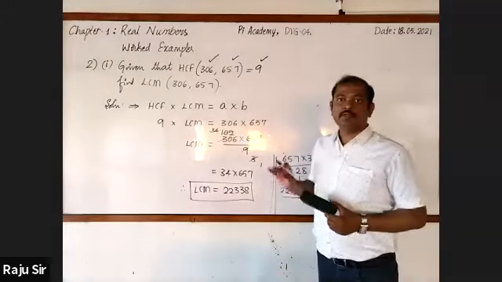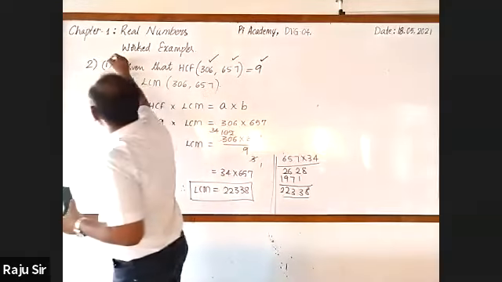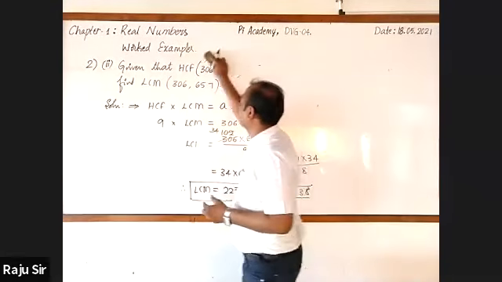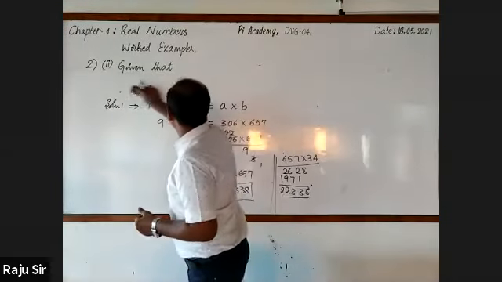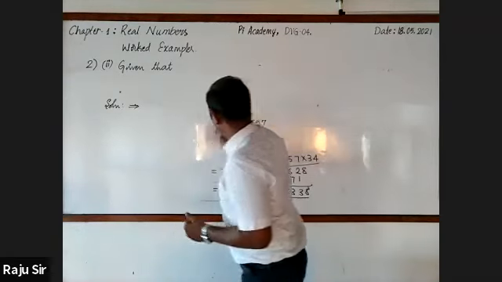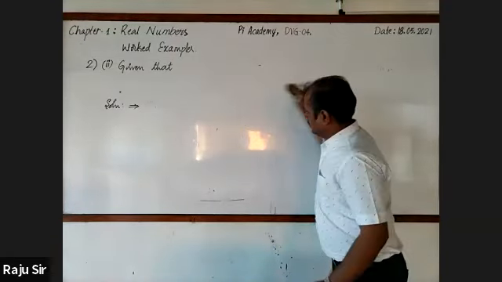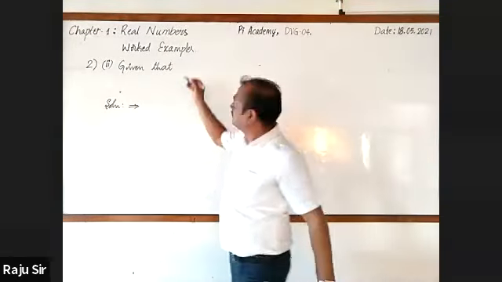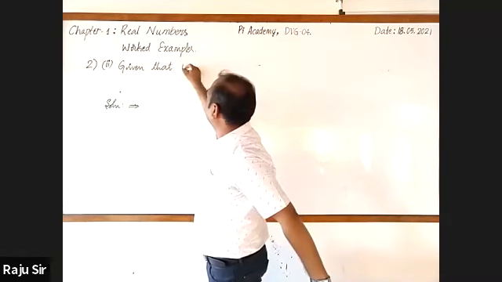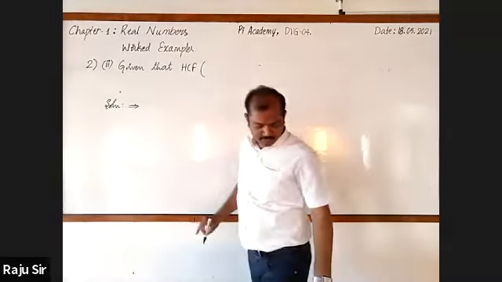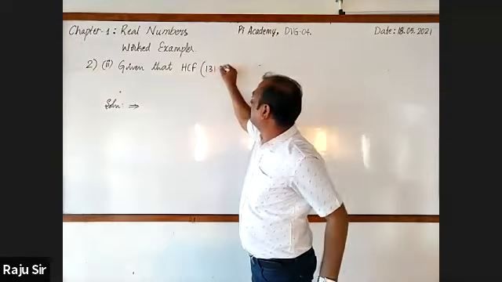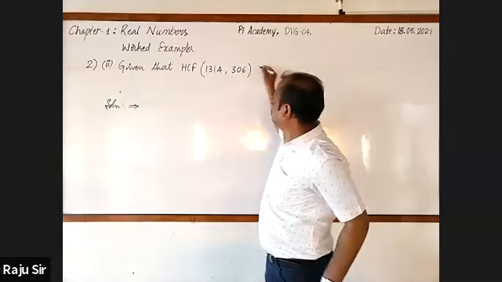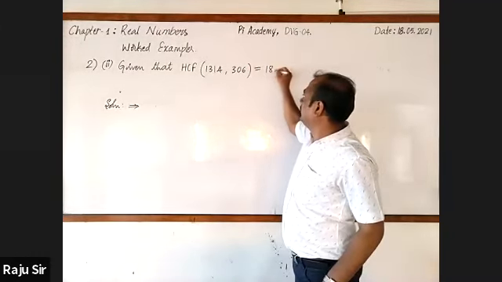Now let me give you the second sub question. It is given that HCF of the numbers 1,314 and 306 is 18.